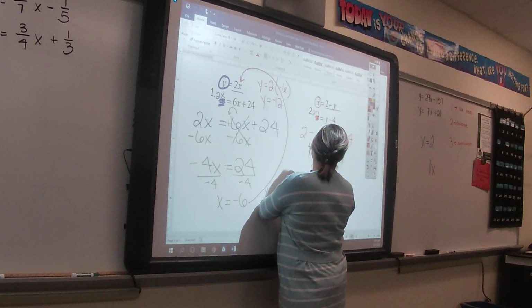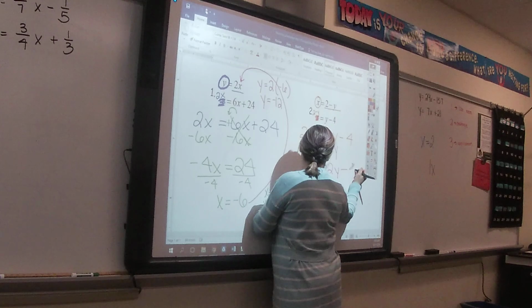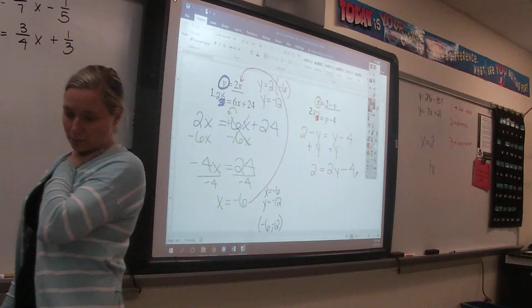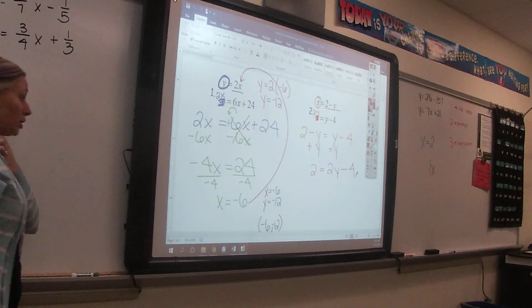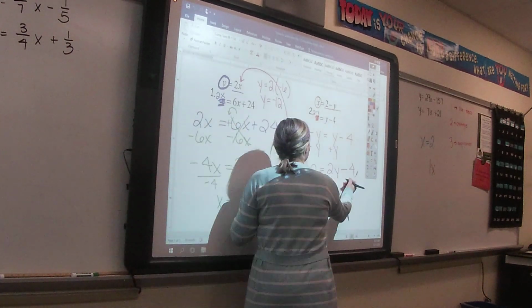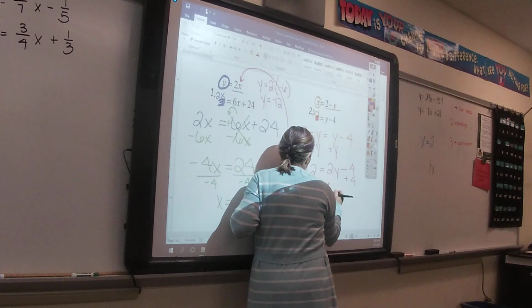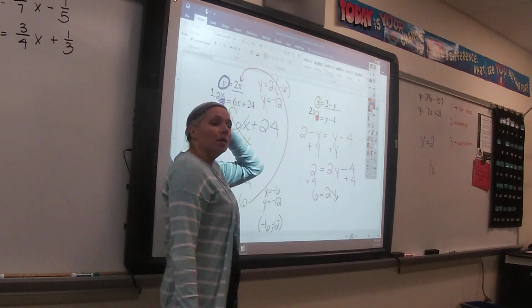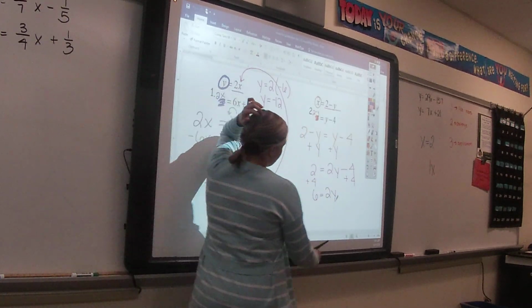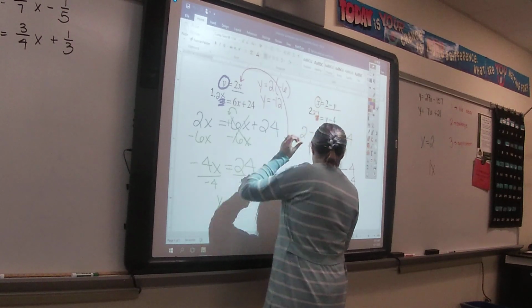So now we have 2 equals 2Y minus 4. We'll undo subtracting 4 by adding 4. Then we get 2Y, and we'll divide by 2.